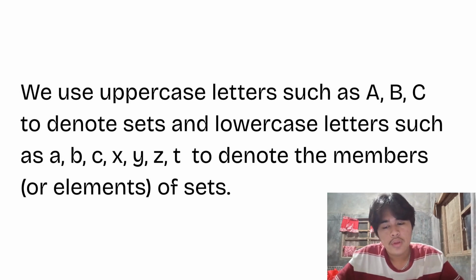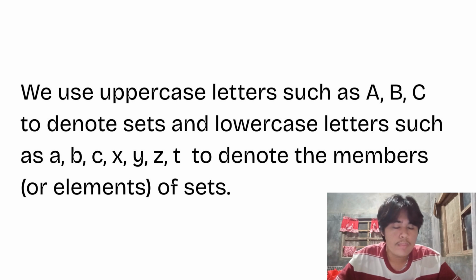We use uppercase letters such as A, B, and C to denote sets, and lowercase letters such as a, b, c, x, y, z, etc. to denote the members or elements of sets.